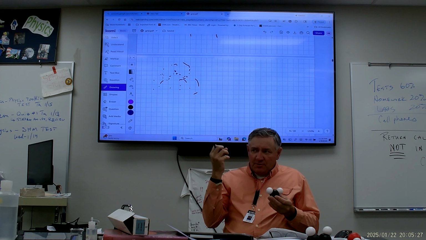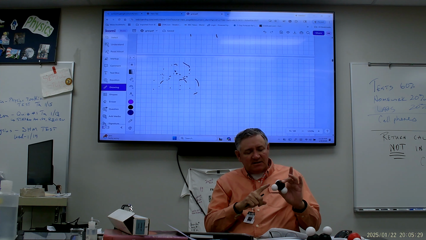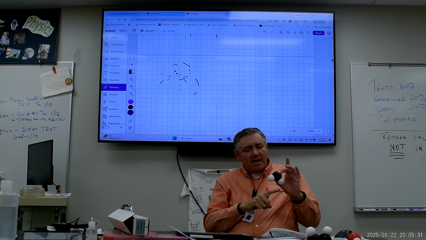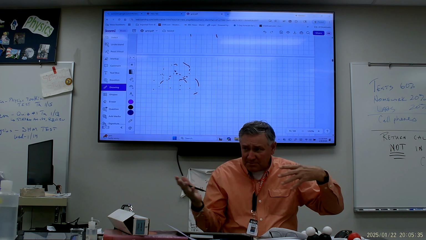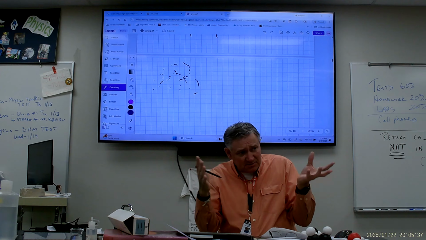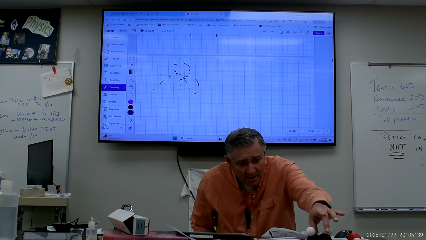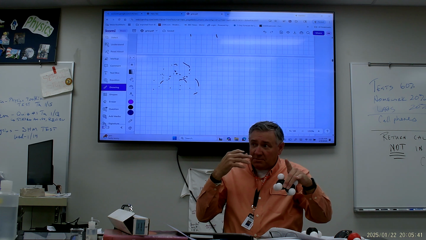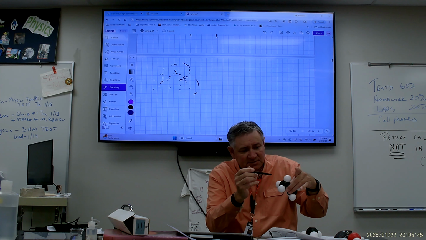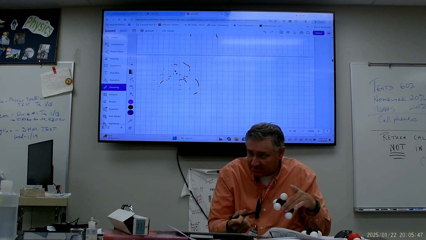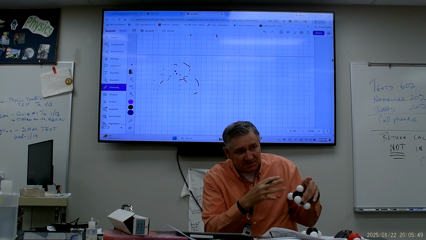So we might come up with an empirical formula that says it's 1 carbon and 3 hydrogens. But then we can use another technique. One option, we'll get into this when we do gas laws, is that we actually figure out the molecular structure. And the molecular structure is 2 carbons surrounded by 6 hydrogens. So this ratio is the same.